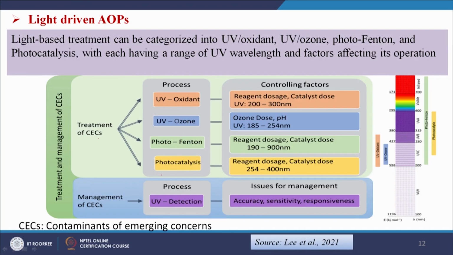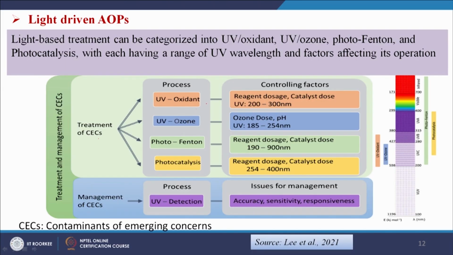All these methods use light; somewhere we use UV and somewhere we use visible light. So, different wavelengths have been used for different methods, and the extent of OH radical generation varies in these methods.